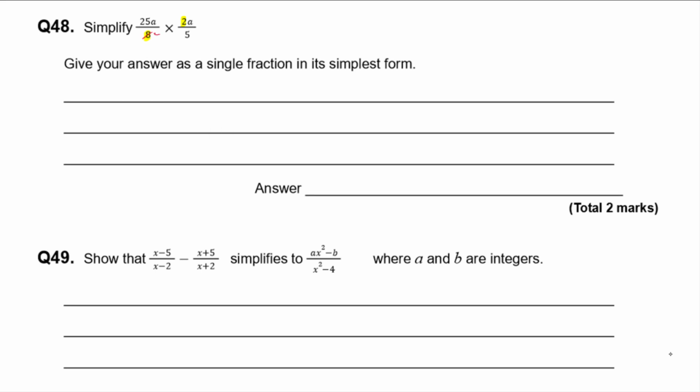So I can make that 4, and that one cancels. And also I've got a 25 and a 5 there. So if I cancel the 5 into the 25, that gives me 5 and 1. So then multiplying through, 5 times a, that's 5a. And 4 times 1 is 4, so that's my answer. It's 5a over 4.